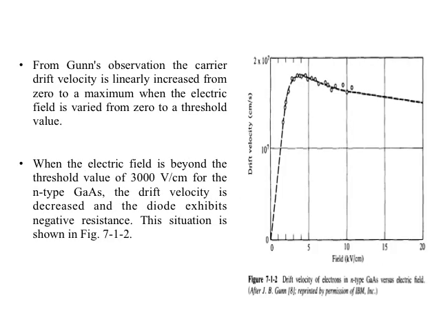From this analysis, Gunn observed that the carrier drift velocity increases linearly from 0 to a maximum when the electric field is varied from 0 to a threshold value. This is shown through this waveform. The electric field is on the x-axis in kilovolt per centimeter, and the drift velocity is on the y-axis in centimeter per second.